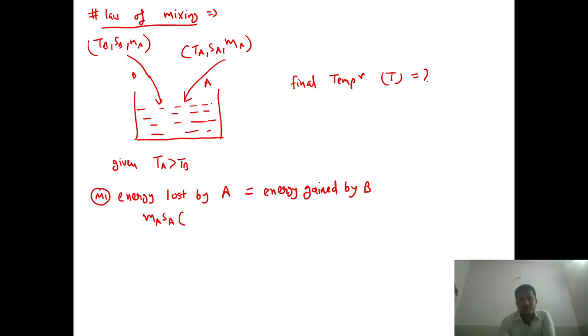Assuming the final temperature is T, the energy lost by A can be written as MA SA (TA minus T), and the energy gained by B can be written as MB SB multiplied by (T minus TB).